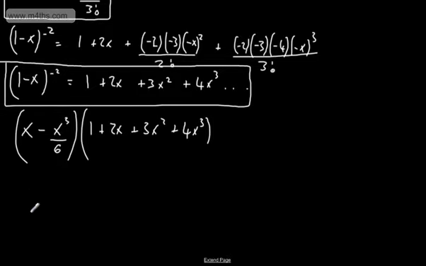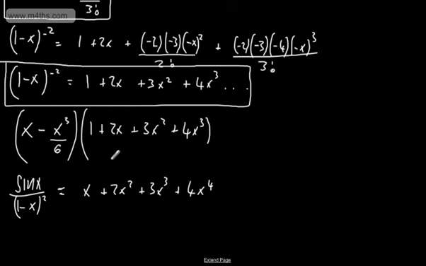Expanding this out, sin x over (1 minus x) squared is approximately equal to x plus 2x squared plus 3x cubed plus 4x to the fourth. Then expanding out here, the negative x cubed over 6 gives me negative x cubed over 6. Expanding the next term out, I'm going to get negative 2 over 6, so it'll be negative 1 over 3 x to the fourth.